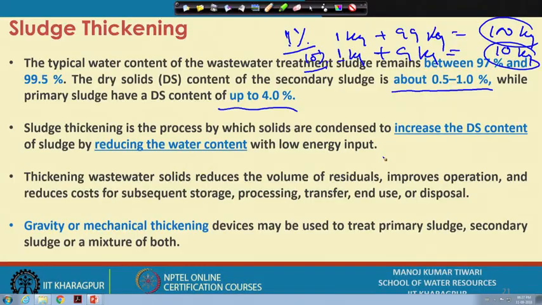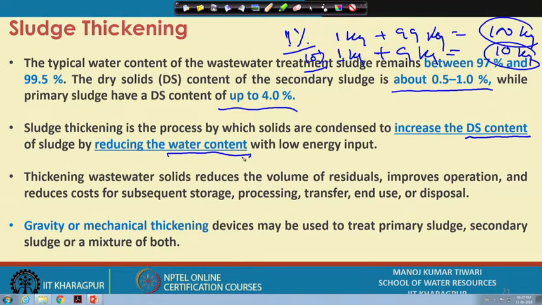That is how we can save in the form of space or in the form of weight of the sludge. Sludge thickening is the process by which solids are condensed, so their solid content is increased and their water content is reduced, and this is traditionally done with a low energy input.